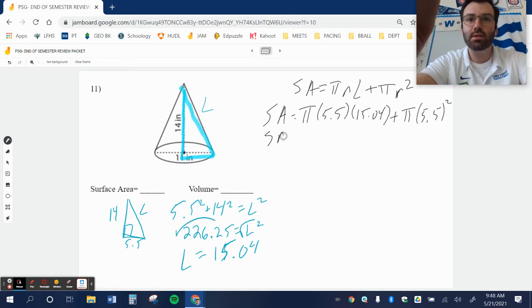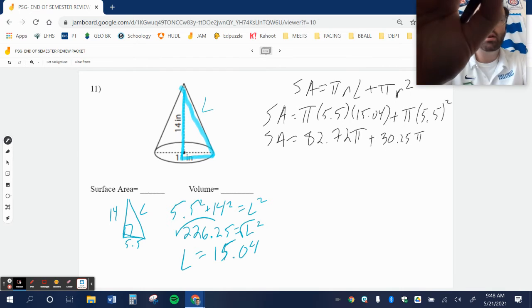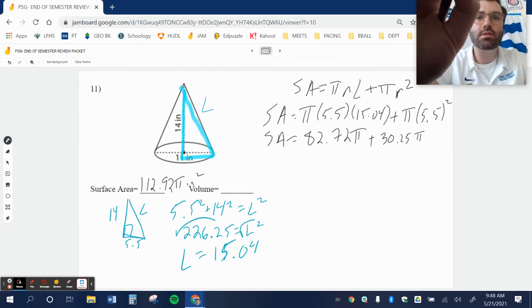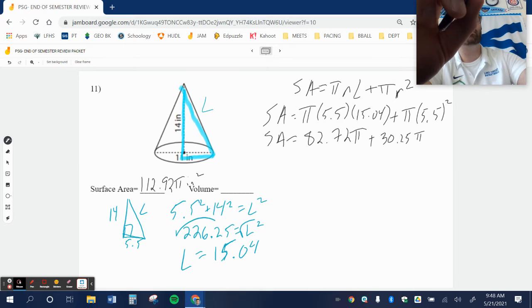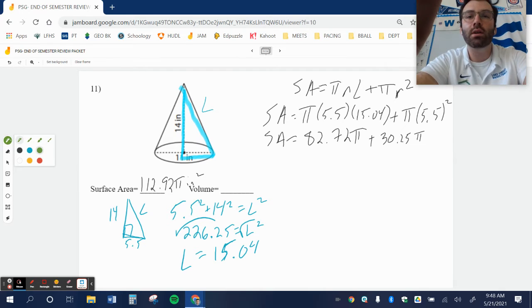So I got SA equals 82.72 pi plus 30.25 pi. Right? Yeah. 112.92 pi inches squared. Wow. Let's try the volume.